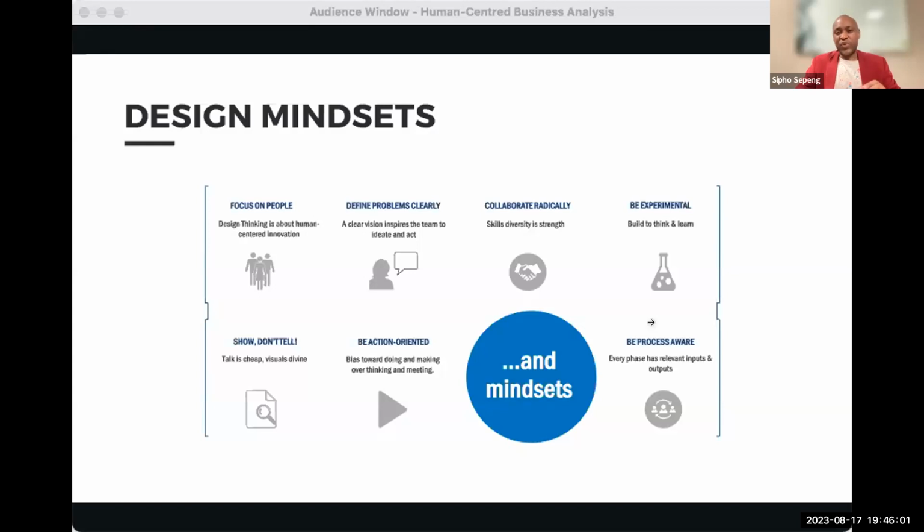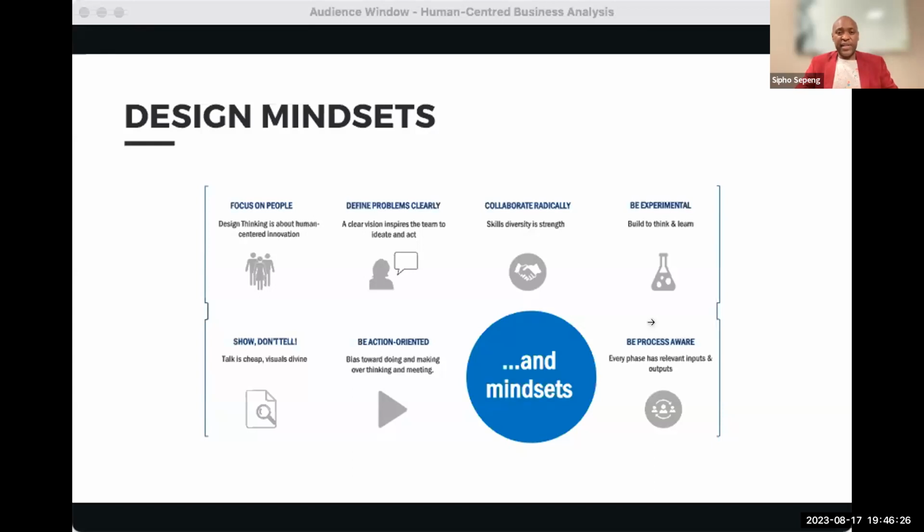But most critically, it's about how you share every output with your stakeholders, so you also help them to empathize and walk the journey with you, because we found that most of the stakeholders, especially in business, may not be as exposed to the design process.